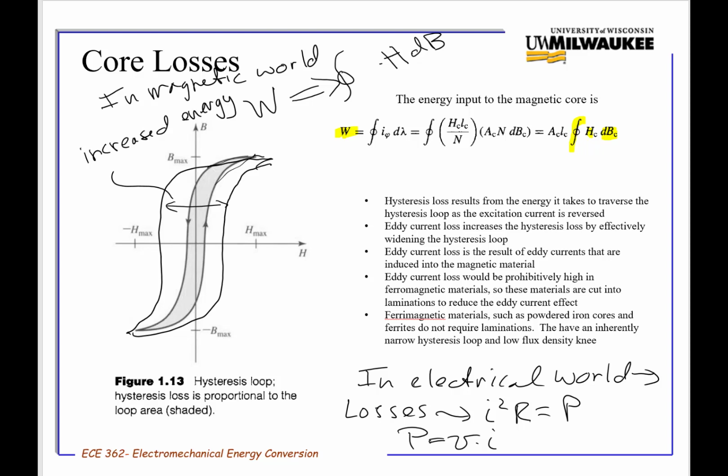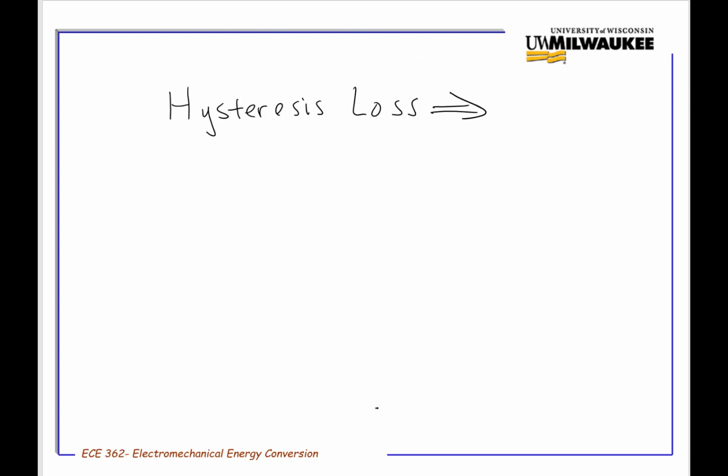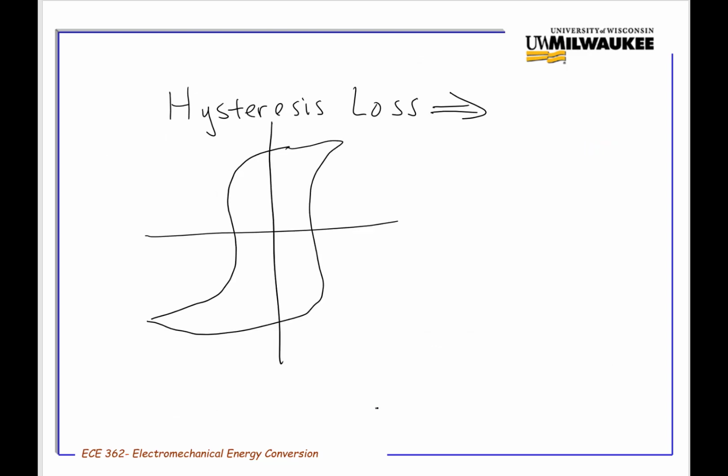And this energy is a loss. It creates heat in the core. It's called hysteresis loss. Hysteresis loss corresponds to the area inside this BH characteristic.